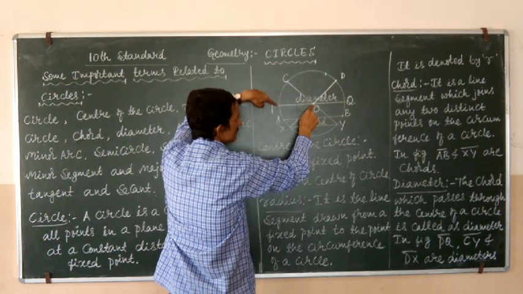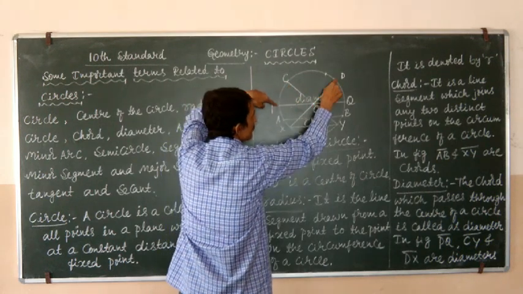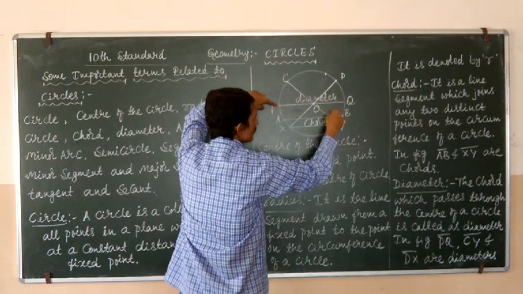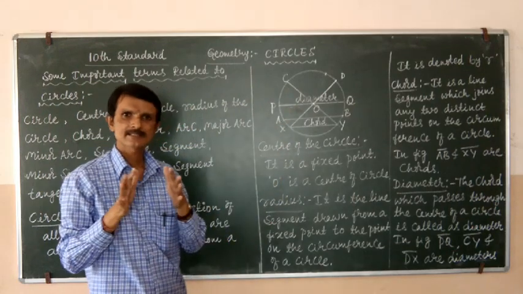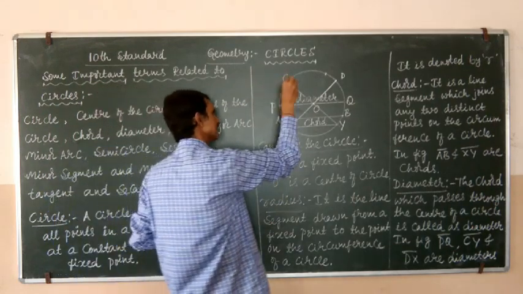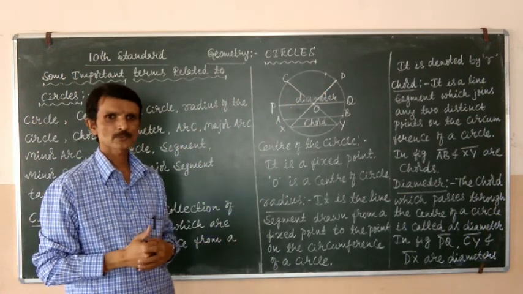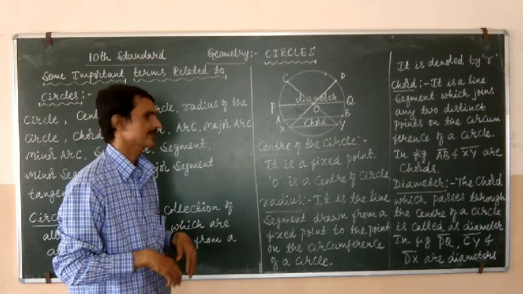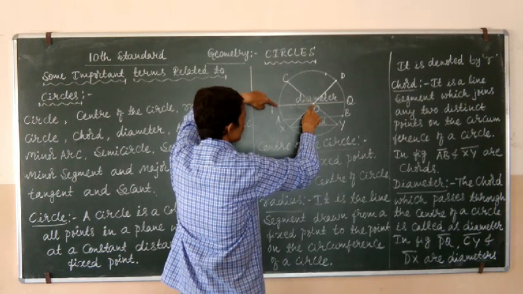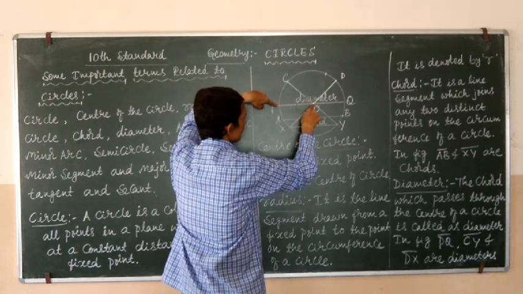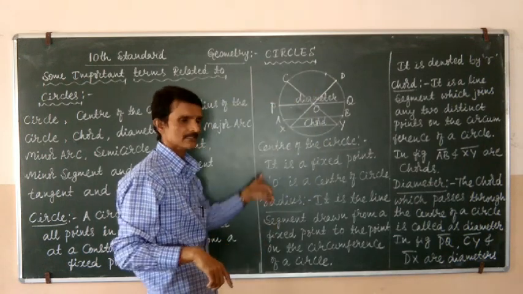So from the figure, once again, OP, OC, OD, OQ, OY, OX are all called radii of the given circle. Radii is the plural form of radius. So radius is the line joining the fixed point to a point on the circumference of a circle.